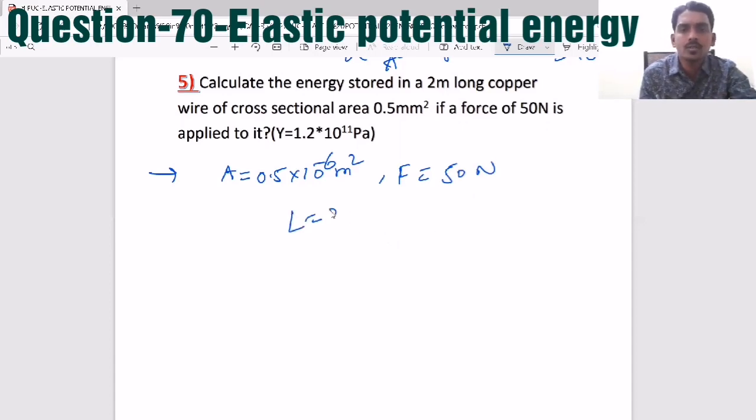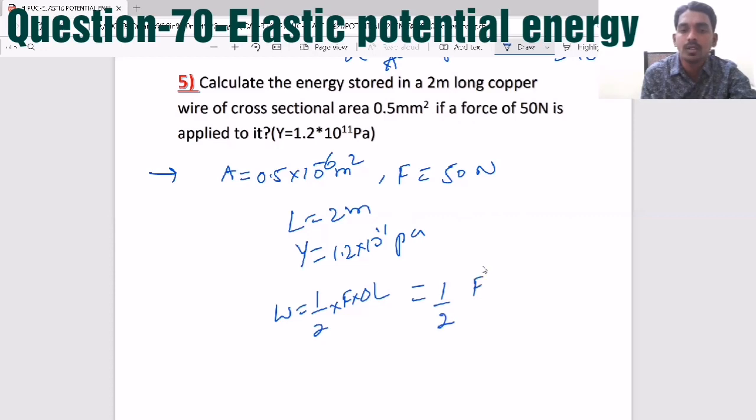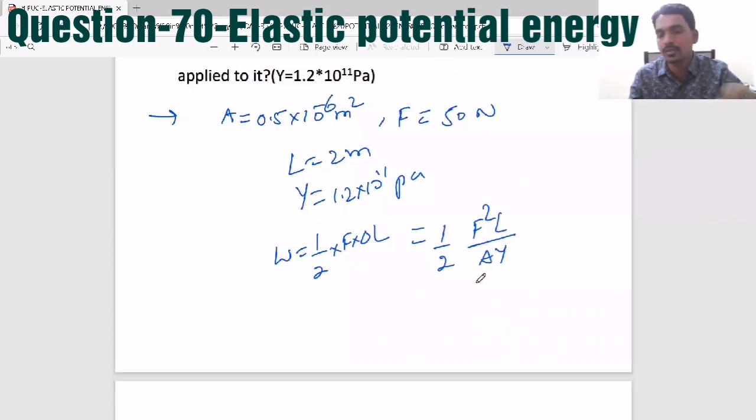So length is 2 meter and cross-sectional area they have given, force they have given, and Young's modulus they have given 1.2 into 10 power 11 Pascal. See, energy stored means actually half into F into delta L, but here no delta L. Then I said to manipulate the formula that delta L is FL by A into Y, so that the work done will become F square L by AY.